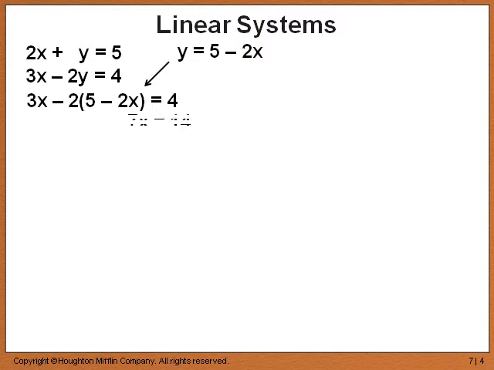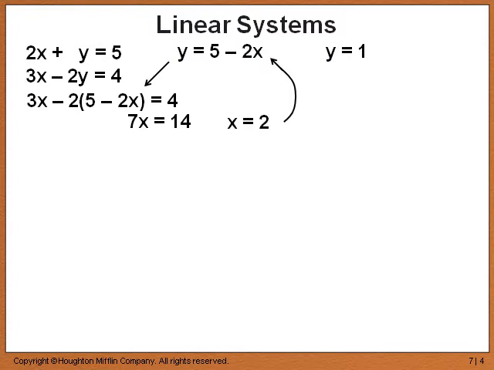When you do the multiplication and simplify, you end up with 7x equals 14. And then, obviously, divide both sides by 7, x equals 2. Now, here's where the back substitution step comes in. We're going to back substitute that x equals 2 into the equation y equals 5 minus 2x because we want to find the value of y.